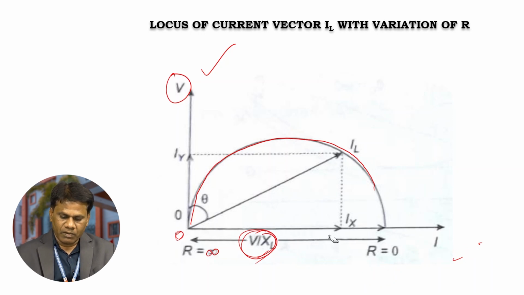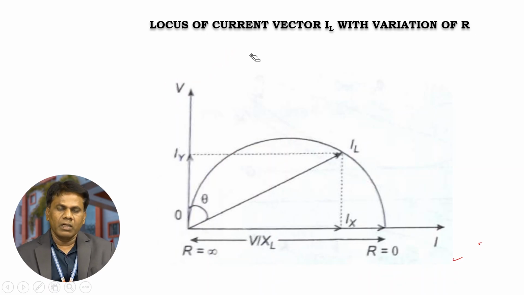This is the variation of the current phasor in an RLC circuit with variable resistance R, for a fixed inductive reactance XL. The phasor current changes with respect to the variable resistance R in a given RLC circuit.